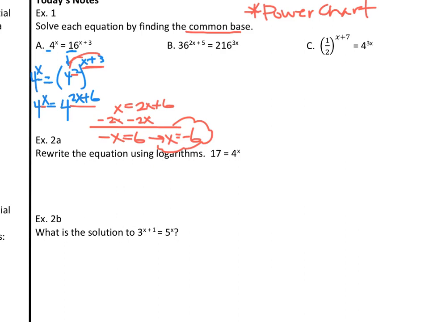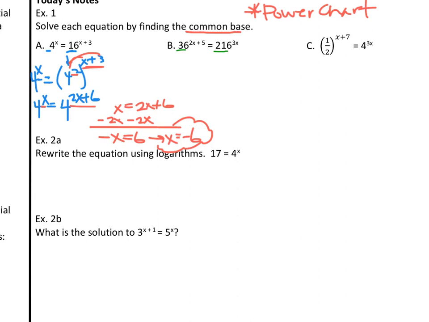In example B, we have a base of 36 and a base of 216. Unfortunately, we cannot change the big base to be a power of the small base. If you look at your power chart, however, you can see 36 and 216 in a common row. They both can be rewritten as a base of 6.